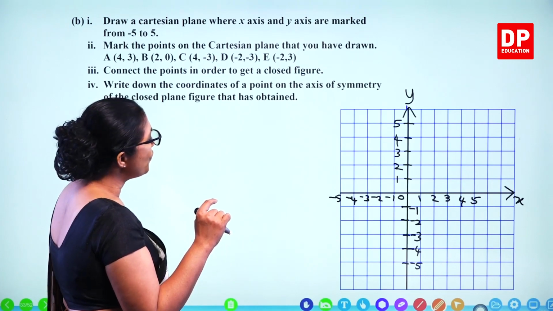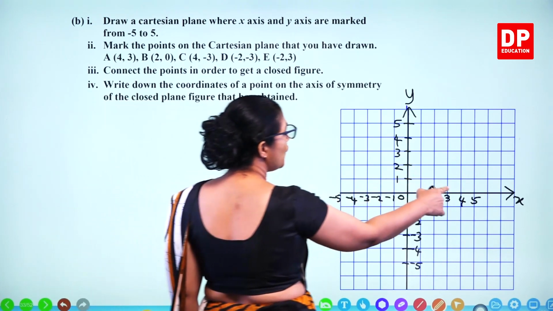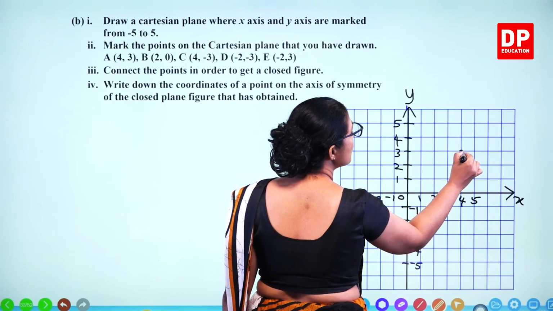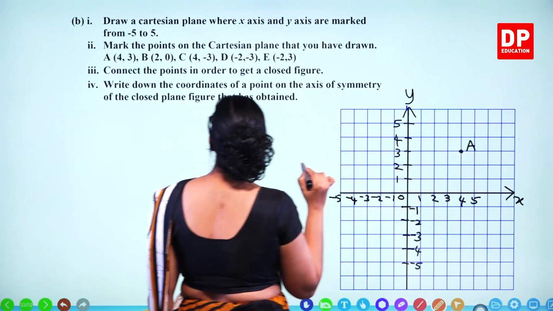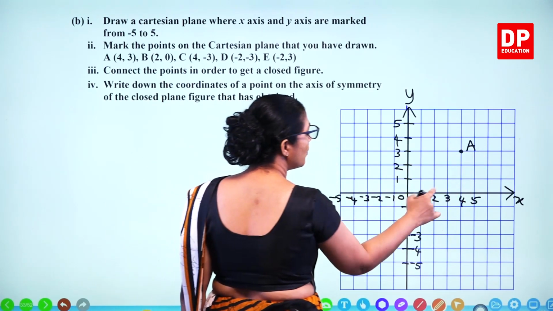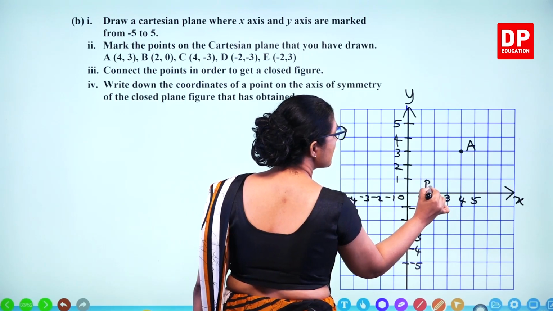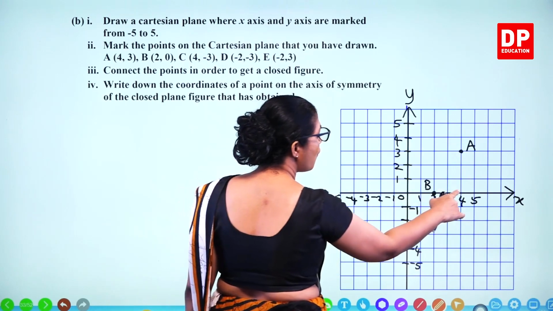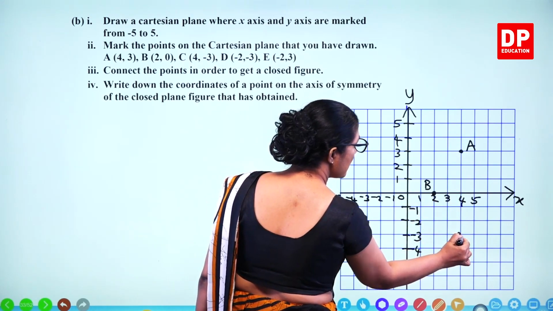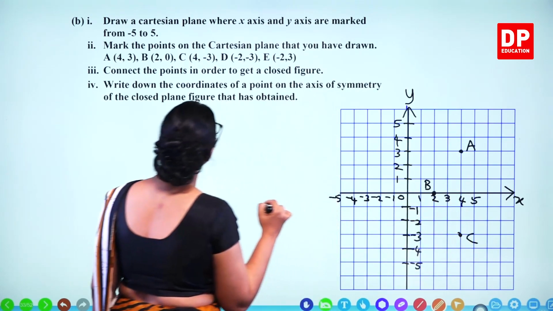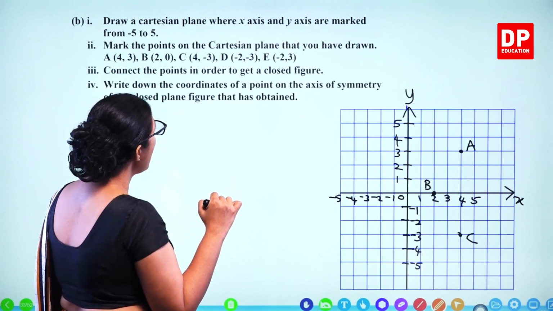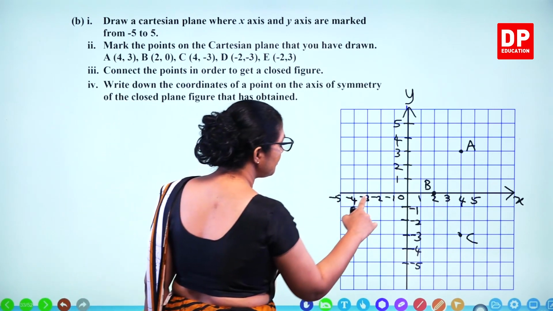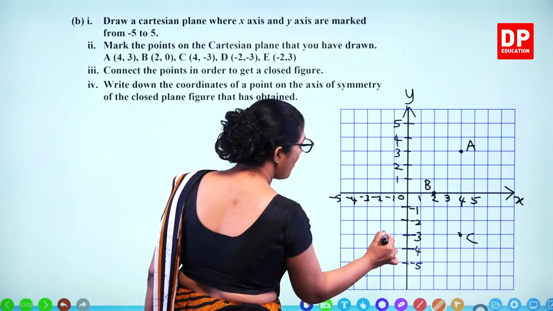A equals 4, 3. X first, 4, 3. So this is A. B, 2, 0. This point. 4, minus 3. That's C. Minus 2, minus 3.